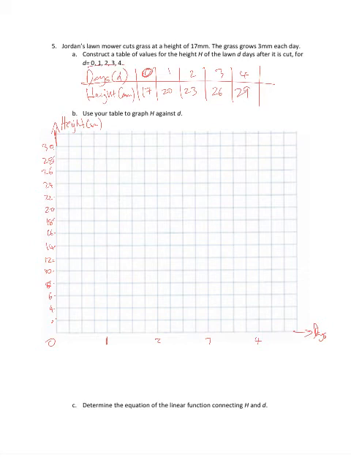Alright, so now we can plot the points. At 0 days, the grass was at 17, halfway between 18 and 16. On day 1, after mowing, it was at 20. On day 2, it was at 23.